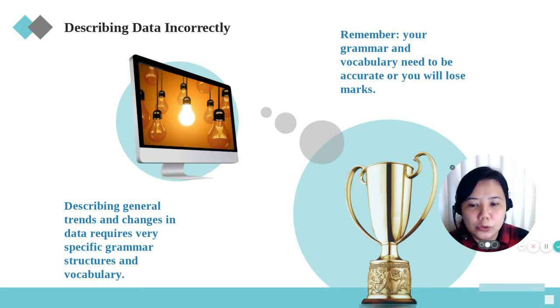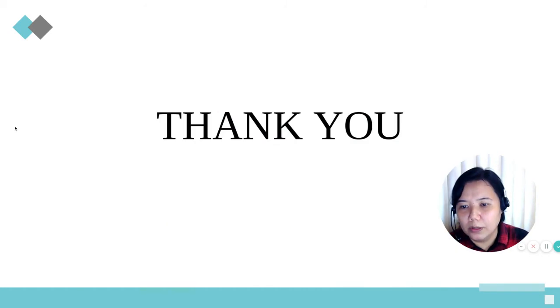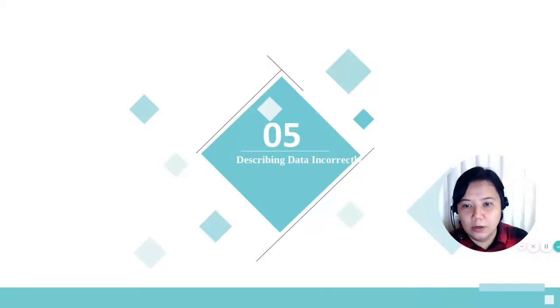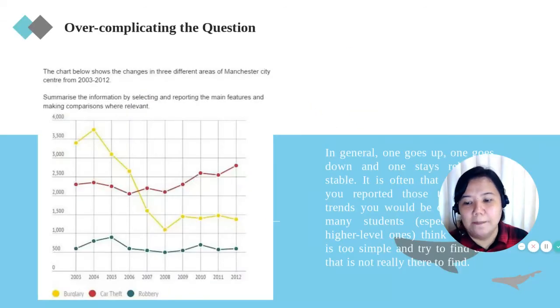You should also avoid describing the data too precisely. So for example, if you look at the figure for car theft in 2003, let's go back to that one. Okay, so here.